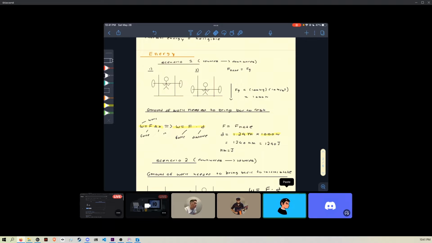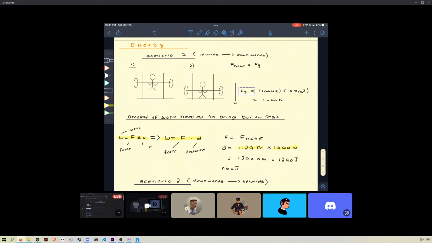Okay, so in this scenario, we are analyzing our project through the energy lens, specifically how much work is being done in two different scenarios. In the first scenario, we have the amount of work needed to bring the bar to rest. First of all, our formula is work equals force times delta x, or work equals force times distance.